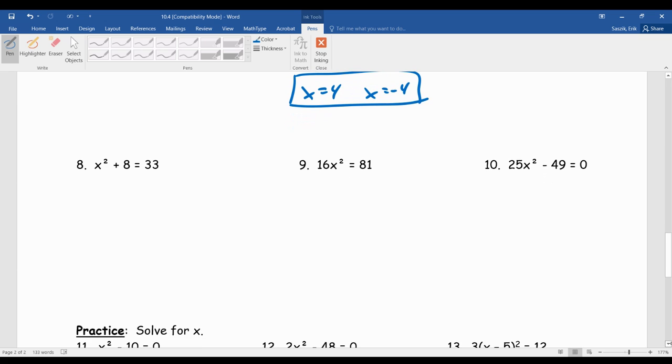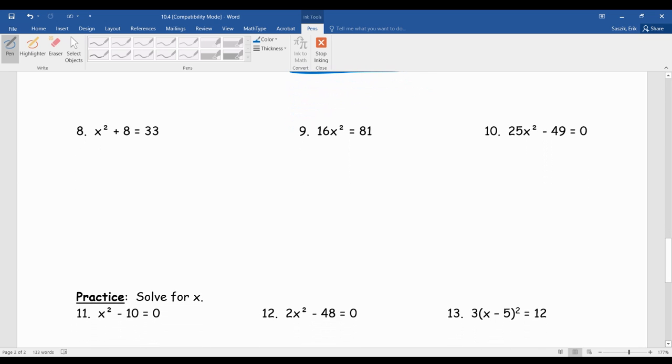So now what I do want to show is like number 9. Here we want to divide by 16. A lot of times people take out their calculator and start dividing right away. Don't do that. You should recognize, because sometimes you'll have to, but you should recognize that these are both perfect squares. So when I take the square root of both sides, I get absolute value of x.